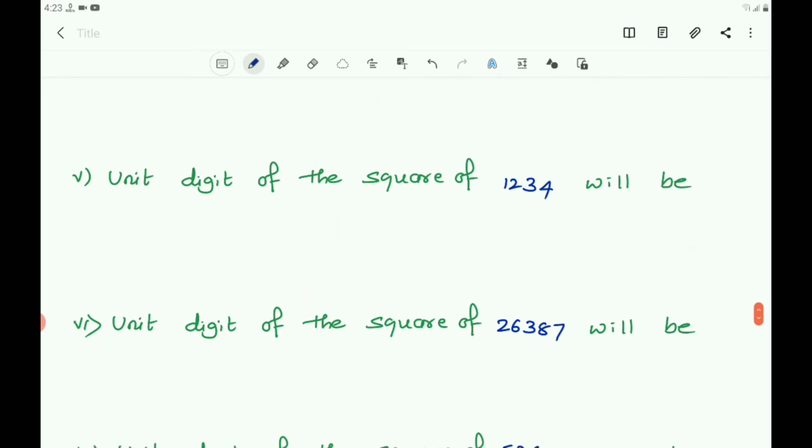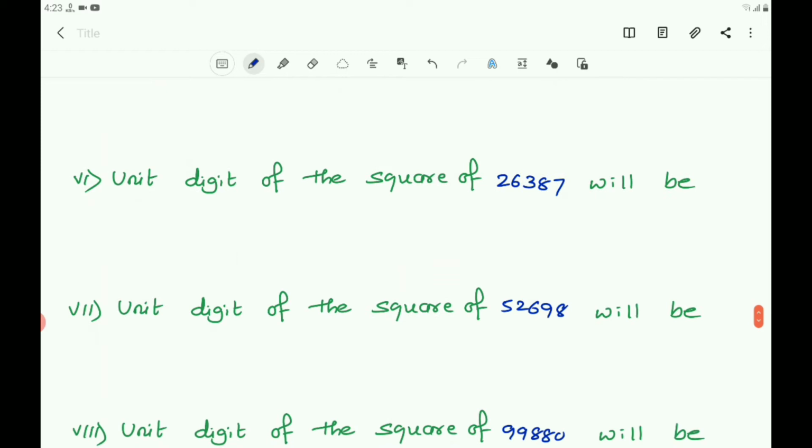Unit digit of the square of 1234. In 1234, the unit digit is 4. So, its square has 6 in the unit place. The unit digit of the square of 1234 will be 6.